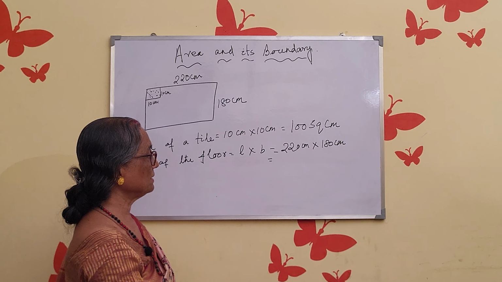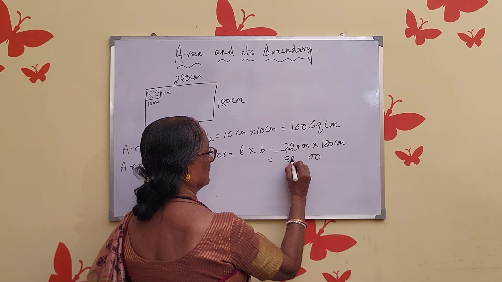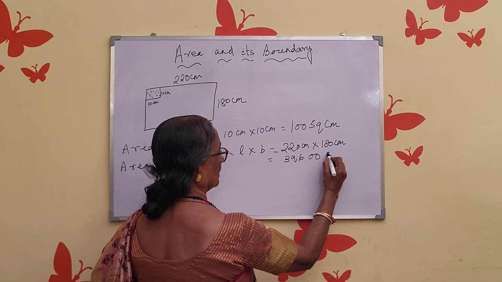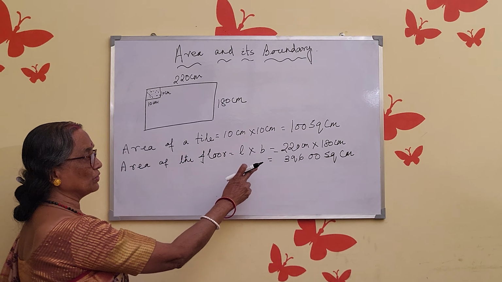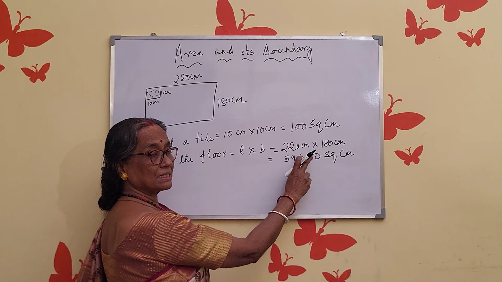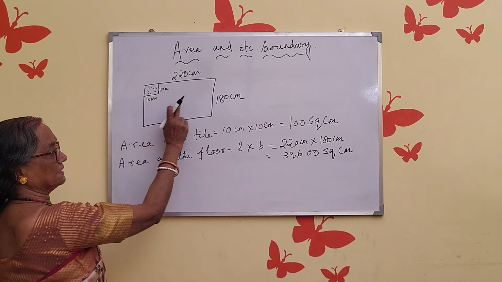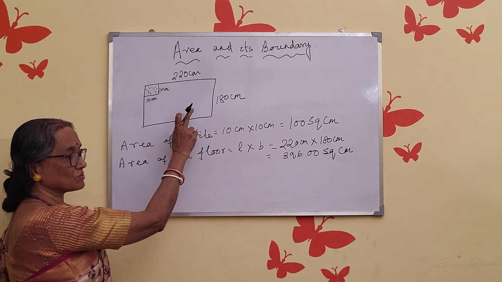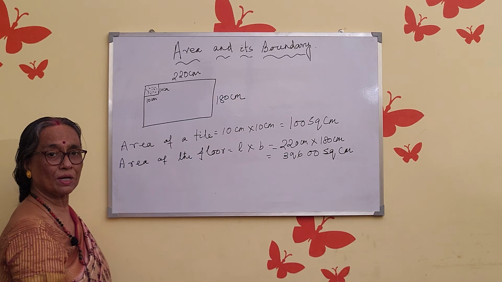What is the product? Therefore, area of the floor is 39,600 square centimeter. Area of the floor is 39,600 square centimeter. But area of one tile is 100 square centimeter.